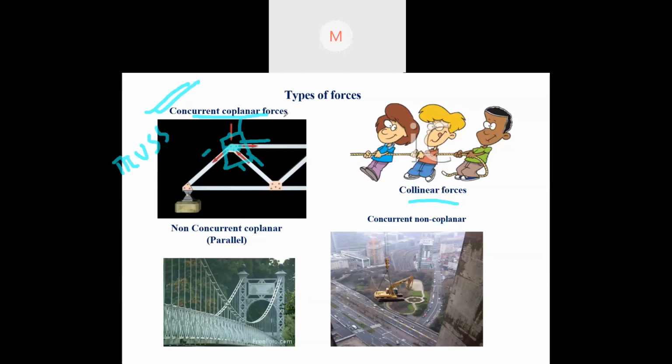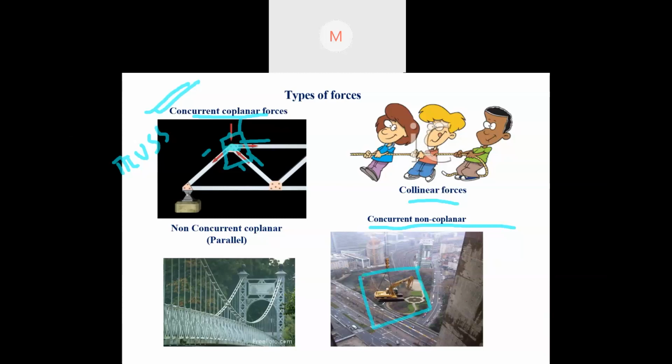Got it? Now look. Here, if you see this overhanging crane, this is concurrent and non-coplanar. Why non-coplanar? If you see here, this crane is hanging over this earth, means in the sky.